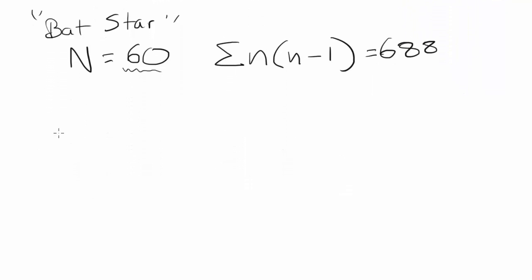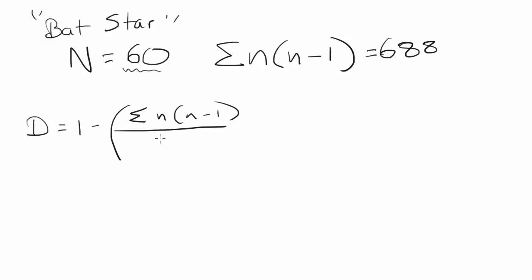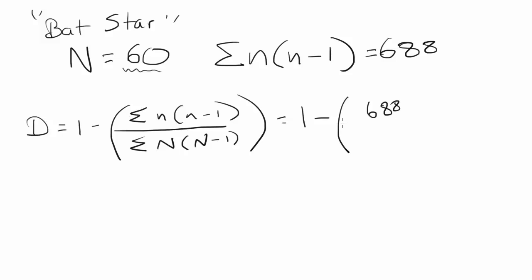So now if we want to put that into our diversity calculation, which is 1 minus the sum of all the little n times n minus 1s divided by the big N times N minus 1, that would look like 1 minus 688 divided by 60 times 59.